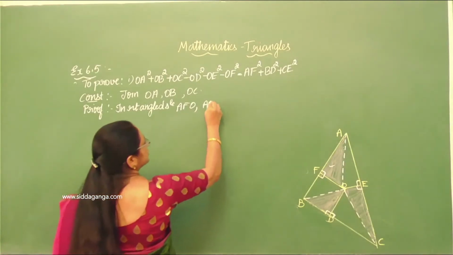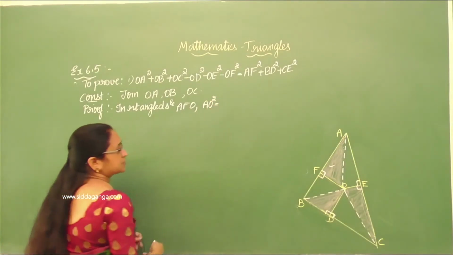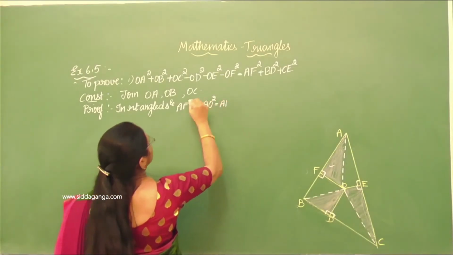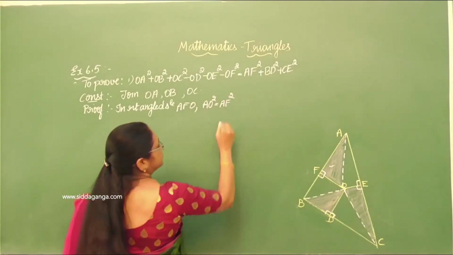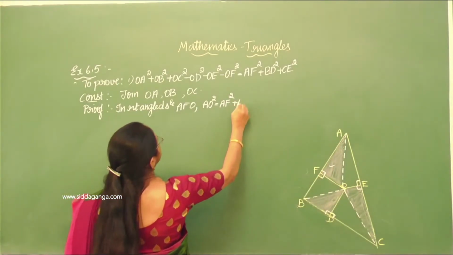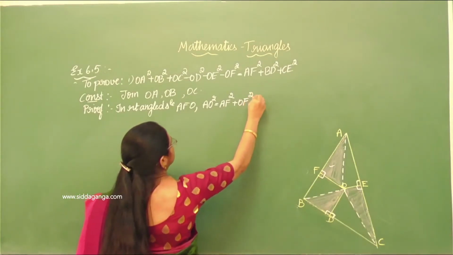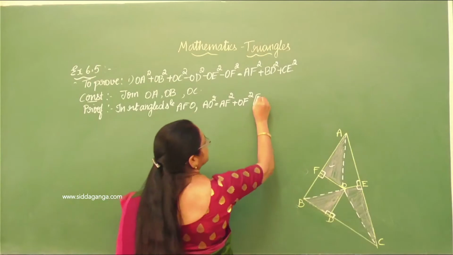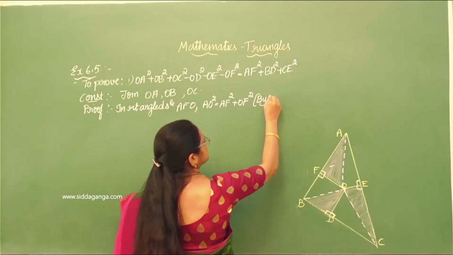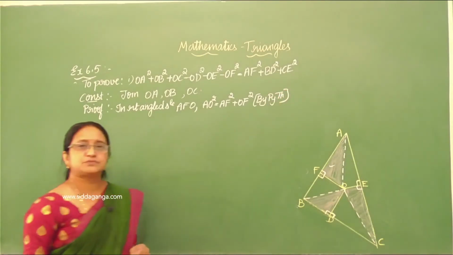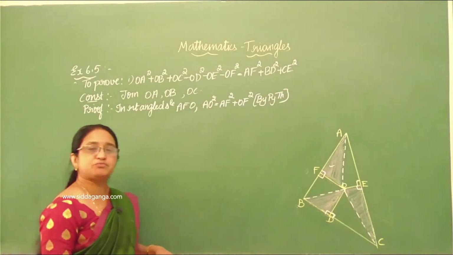So AO square is equal to AF square plus OF square. I hope you understood. This is by applying Pythagoras theorem. See how the application of Pythagoras theorem.